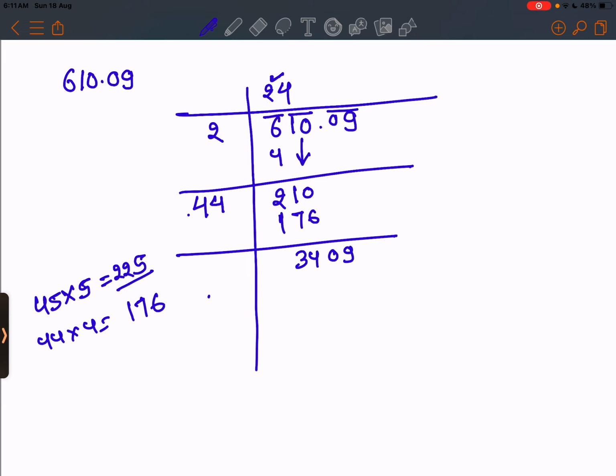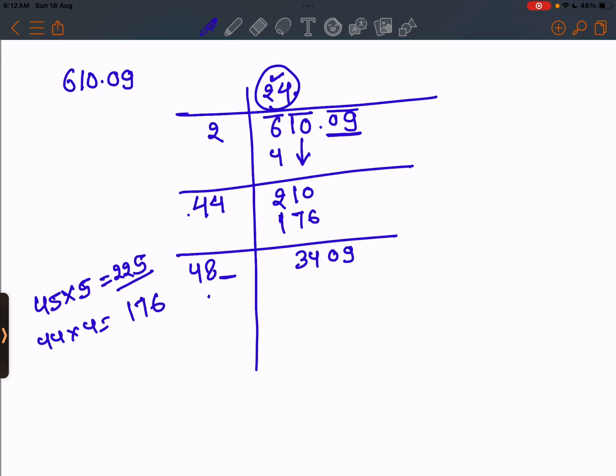Now put the decimal here, because from here the decimal part starts, and proceed further. The divisor would be double of 24. 24 times 2 is 48, and for the next digit we go with hit and trial.